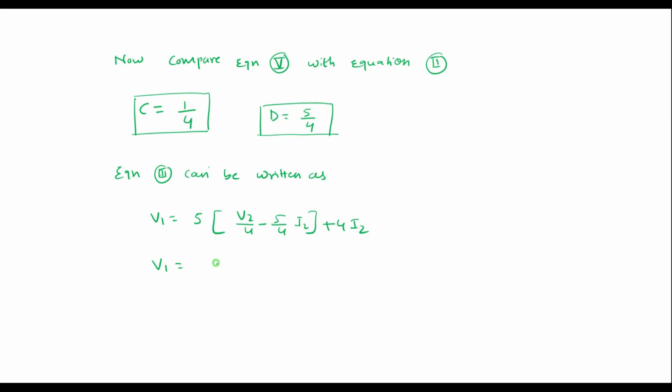Simplifying this, V1 is equal to 5 by 4 V2 minus 25 by 4 I2 plus 4 I2. Simplifying this further, I can write V1 is equal to 5 by 4 V2 minus (25 by 4 minus 4), which gives 9 by 4, into I2. Let me call it equation number 6.